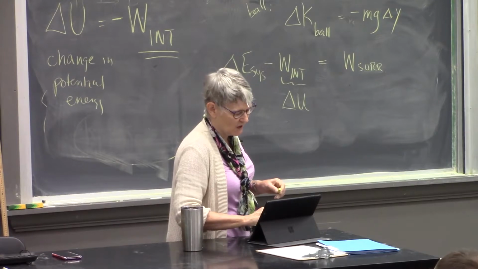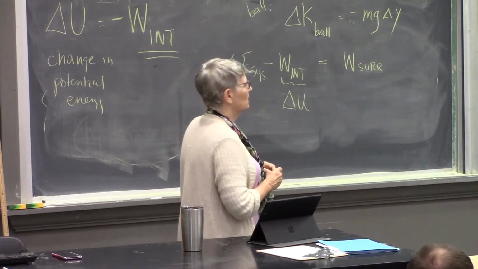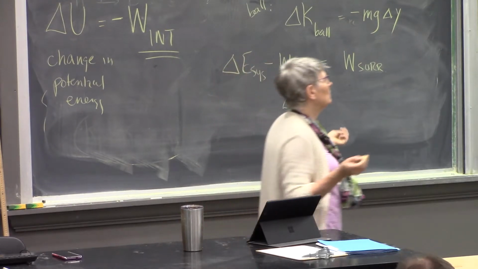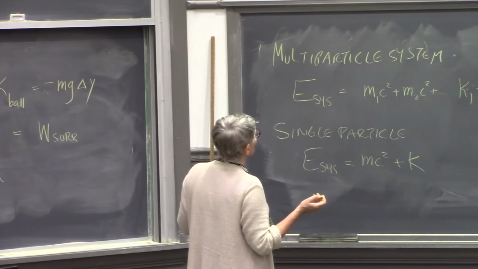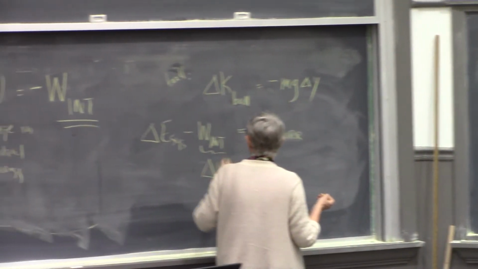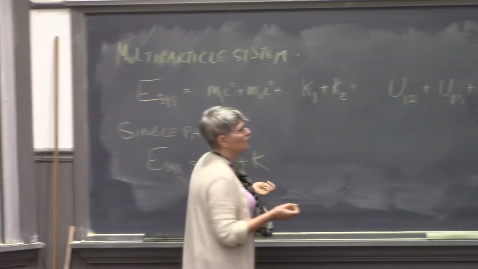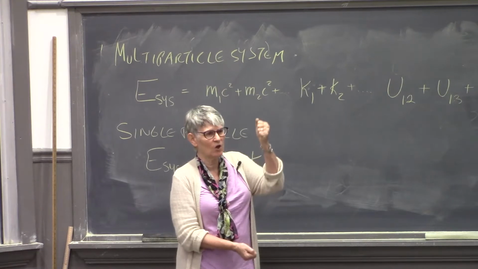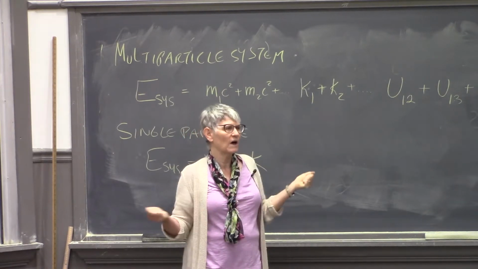So let's see how this plays out and how we calculate it. We already saw that near the Earth, the change in potential energy of the system of the ball and the Earth was basically equal to mg delta y.